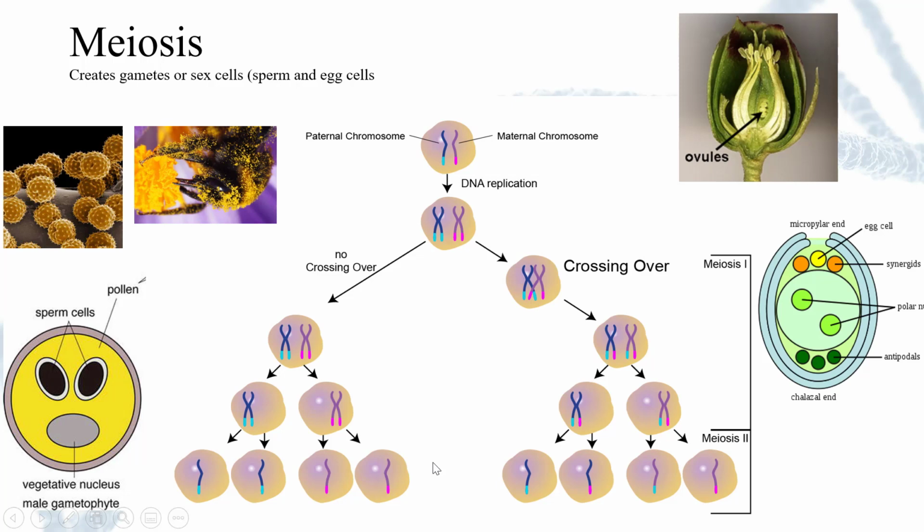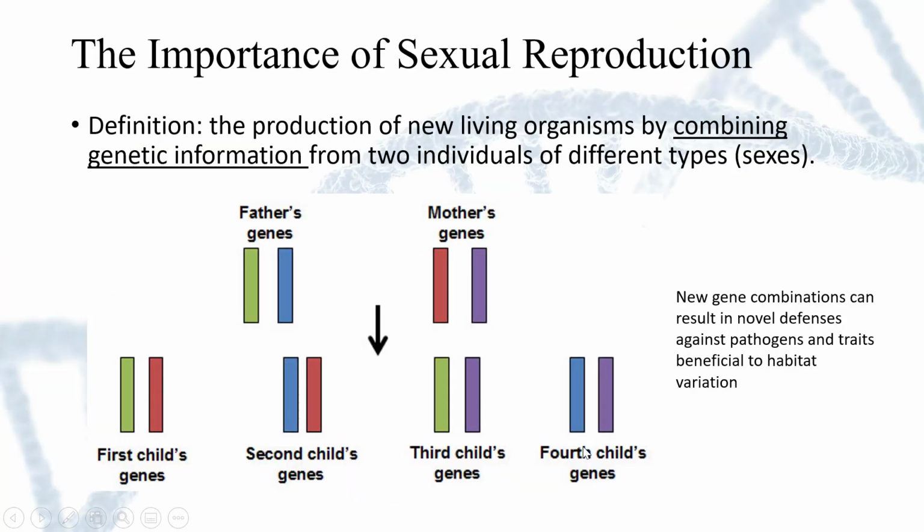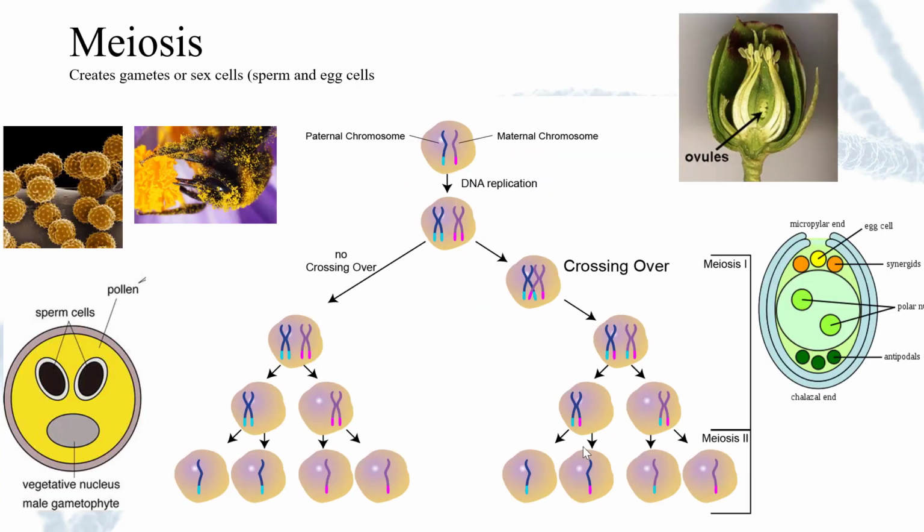What this means, and what I'm trying to get at, is that through sexual reproduction, we can have a mixing up of genes. If we go back, we can have different genes on each of these chromosomes, and we'll have different alleles of these genes in these sex cells.